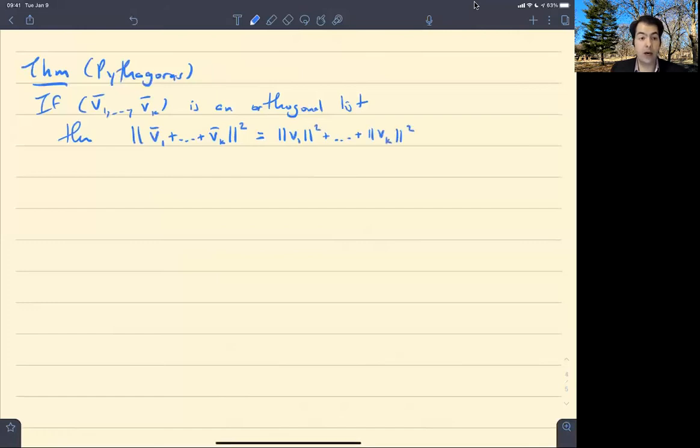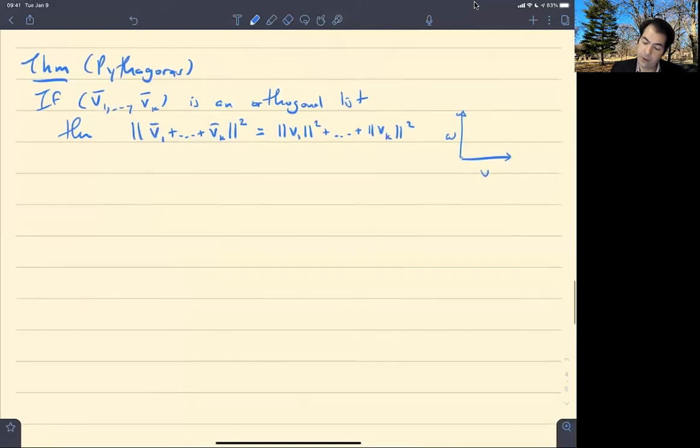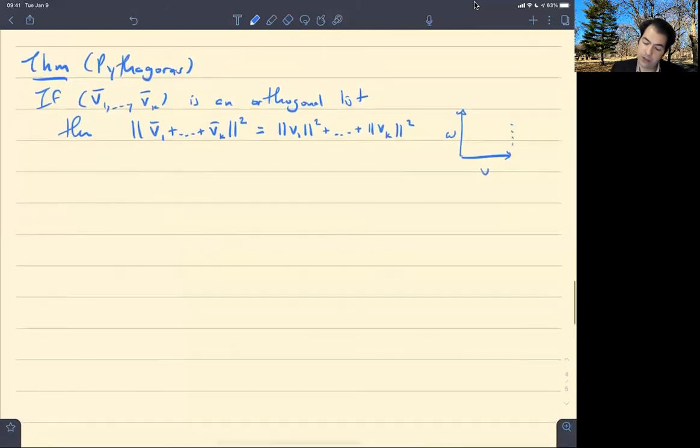So why is this the Pythagorean theorem? Well, remember how to do the sum. If I had just two vectors, v and something orthogonal to it, w, then the way I do the sum is I would put the w over here, and then I would draw the vector joining the endpoints.